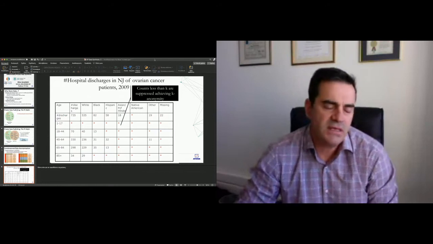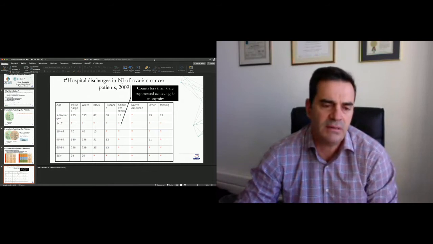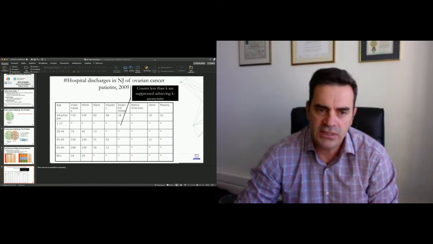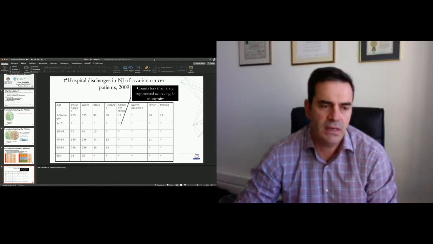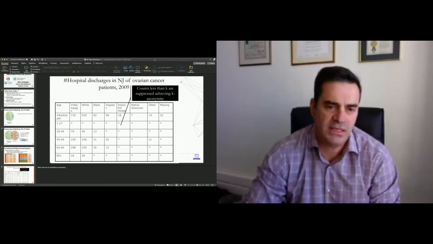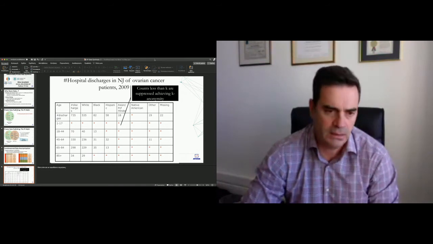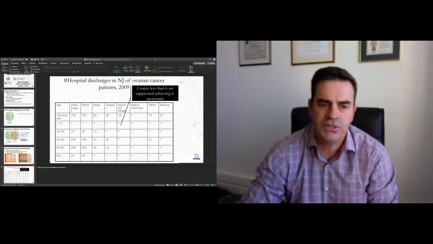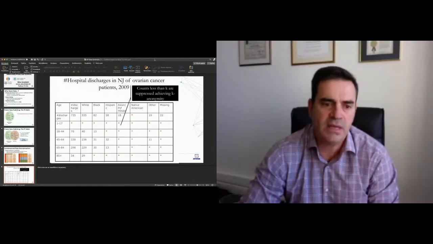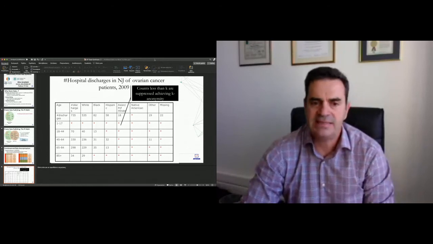Let's take this very simple aggregate data set, a table that shows the number of hospital discharges in New Jersey for ovarian cancer patients. You have various characteristics of the population and the age groups, and for each cell, you just mention the number of such individuals, and you use a star to suppress counts that are less than 11.